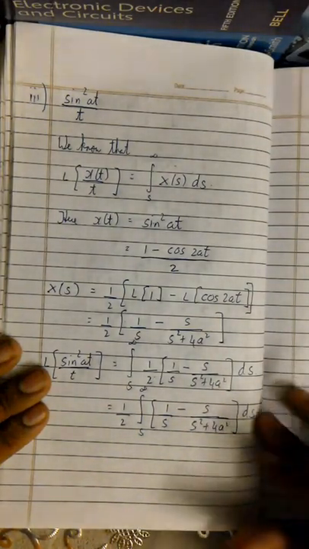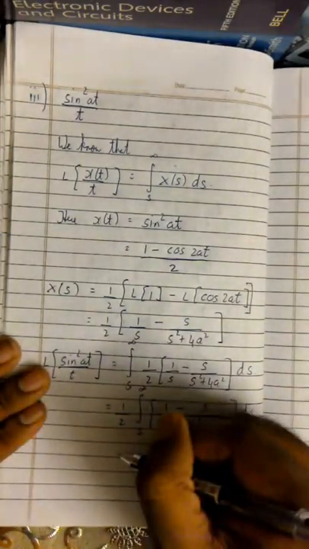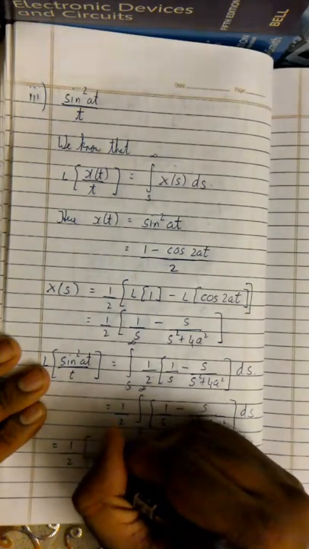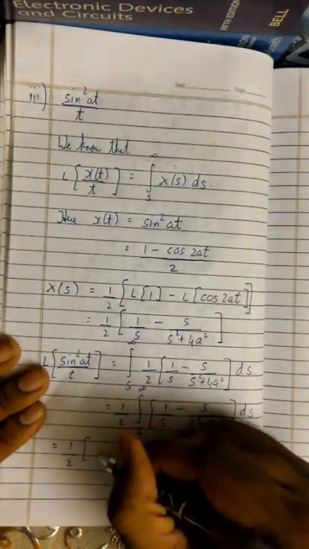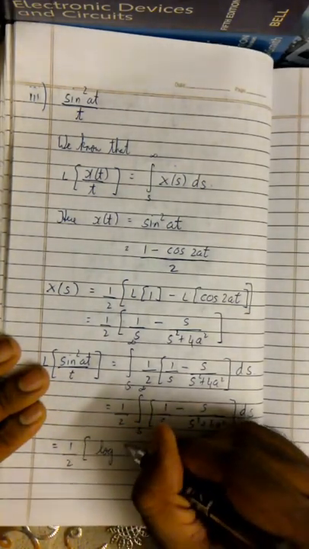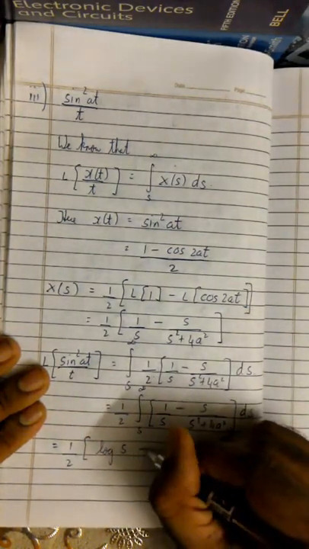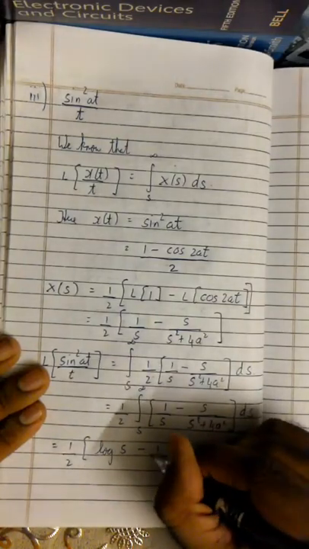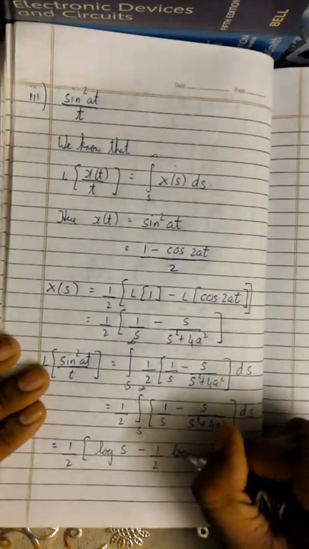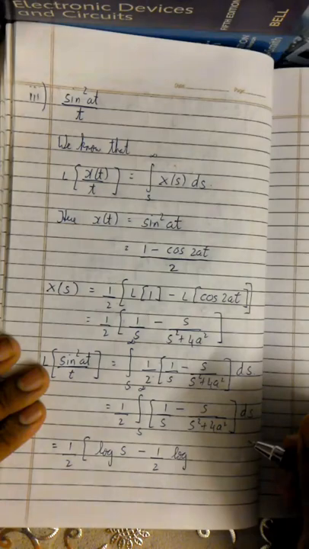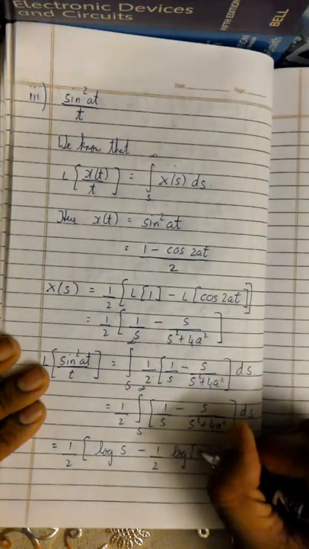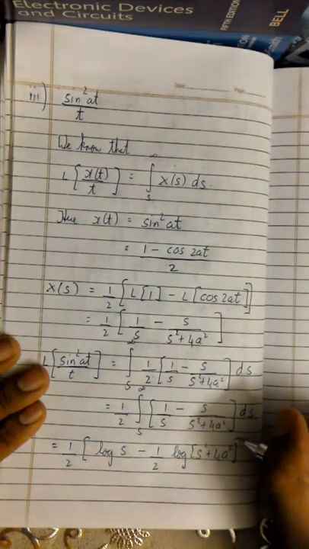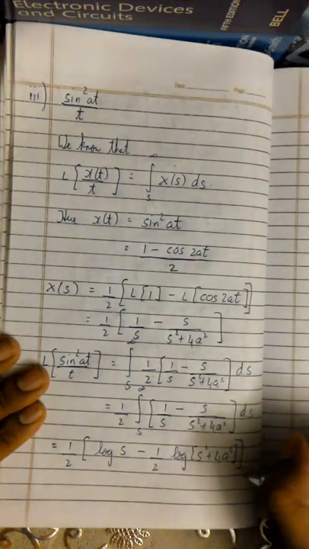So you will get 1/2 into the integral of 1/s, which is log s, minus the integral of this, which is 1/2 log(s² + 4a²), with the limit from s to infinity.